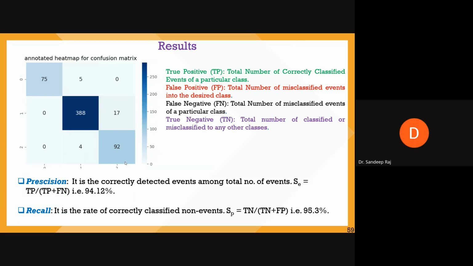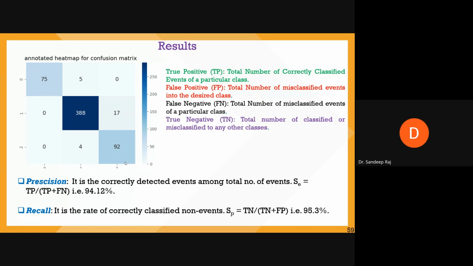So this confusion matrix can be interpreted as: out of 80 images of a particular class, let's say healthy, 75 images have been correctly classified as healthy, and 5 of them have been misclassified to another class. So this 75 stands for true positive, which is the total number of correctly classified events of a particular class, and the 5 is the false positive, the number of misclassified events.